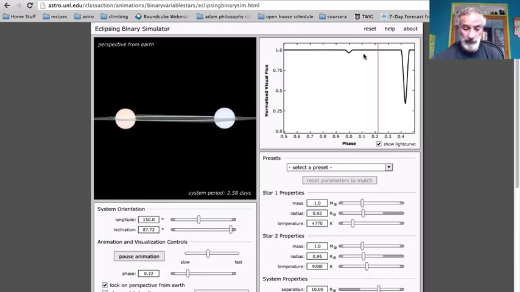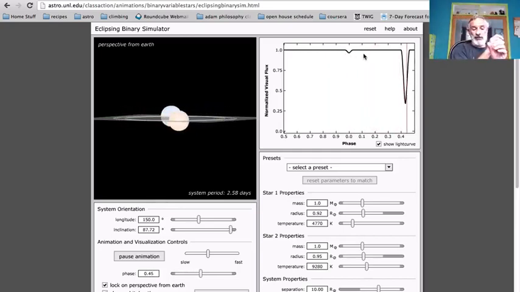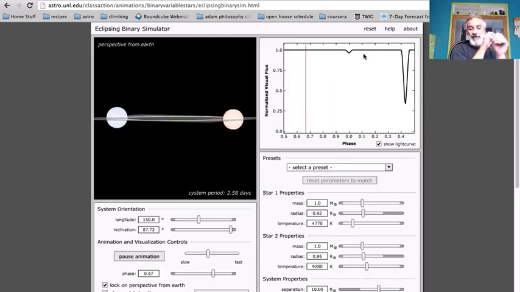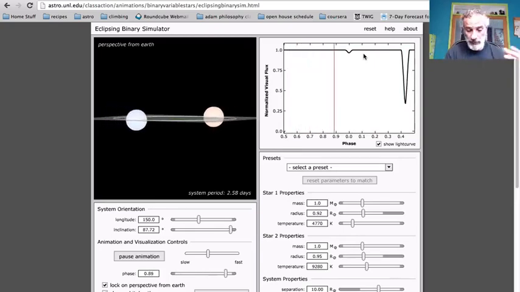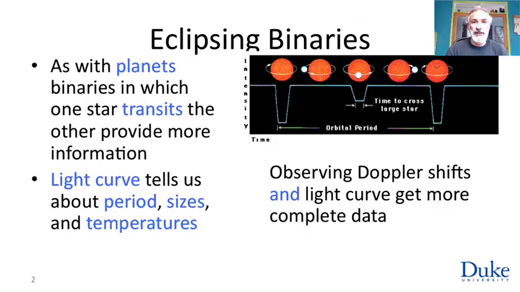But in this case there's no flat period, because there's no time when one star, other than an instant, gives maximal obscuring. And so the ratios of the radii and the temperatures can be read off from these plots. It's worth playing around with the simulator. I'm sure you'll learn a lot.